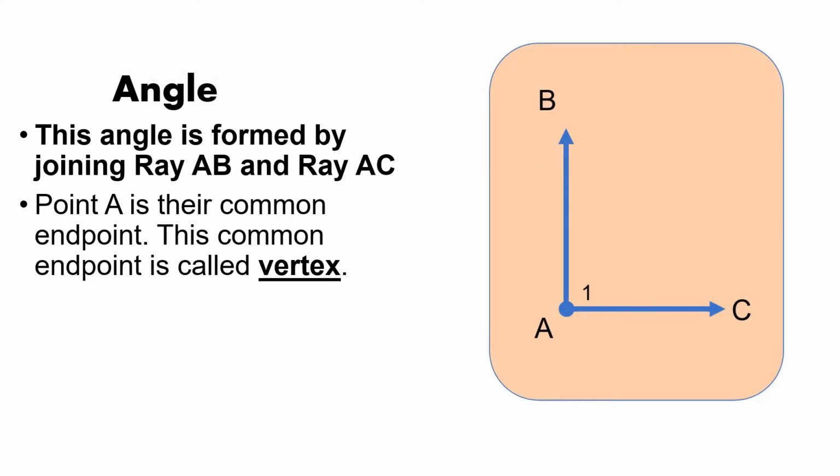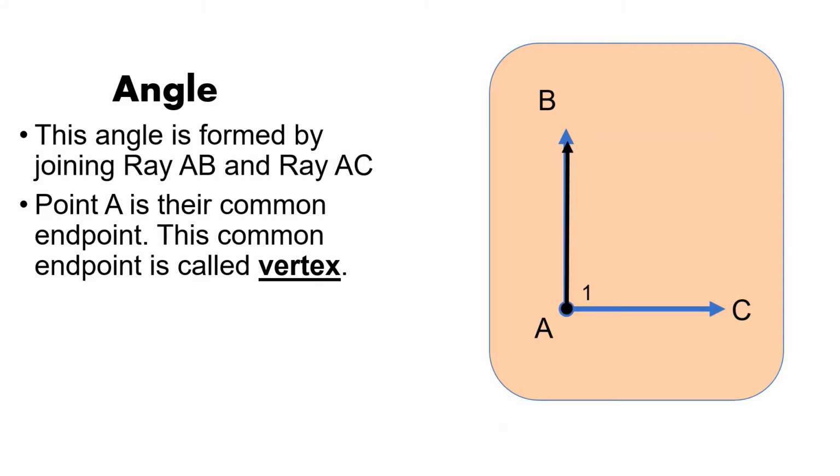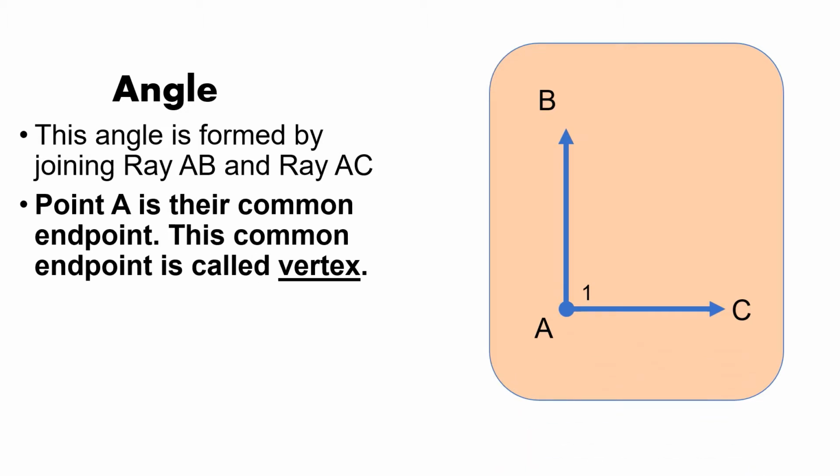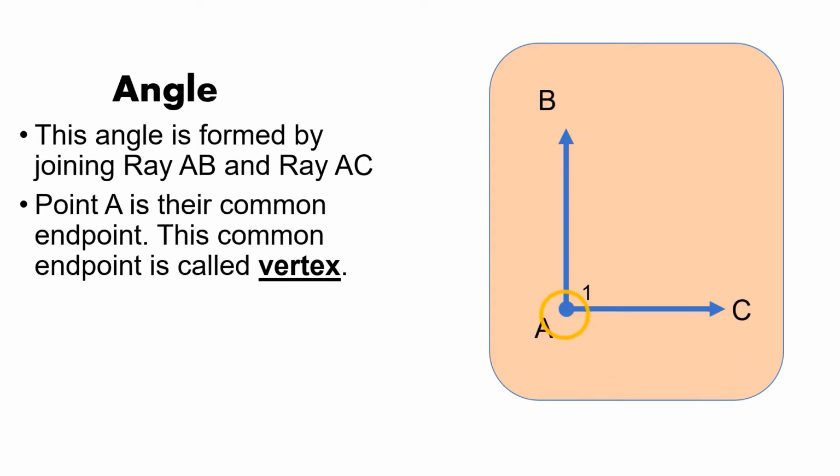This angle is formed by joining ray AB and ray AC. Point A is their common endpoint. This common endpoint is called vertex.